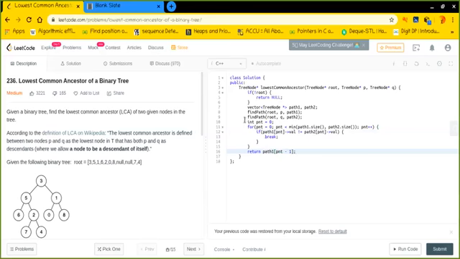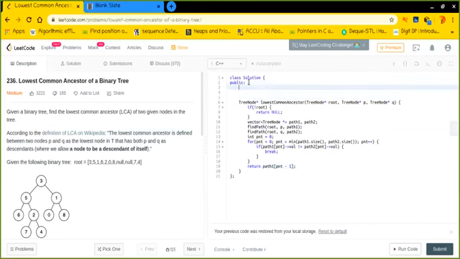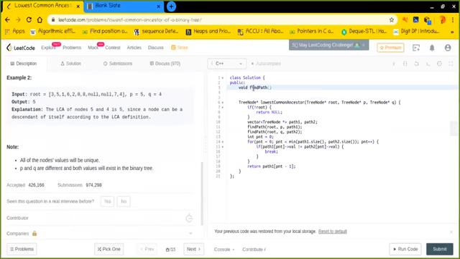So that's it. So now just quickly fill this thing, and it will again be void because we do not need to return anything. Also, we need to take care of whether these two nodes exist in this binary tree or not.